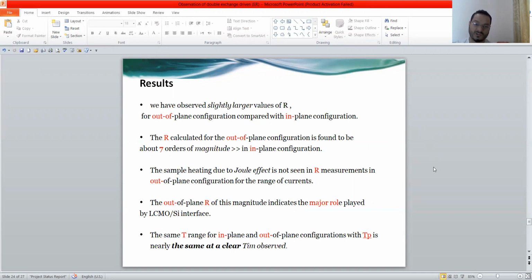The resistance calculated for the out of plane configuration is found to be about 7 orders of magnitude bigger than in the in-plane configuration.